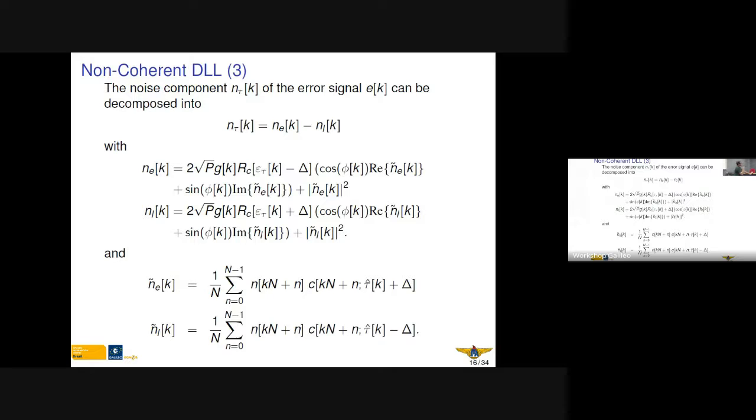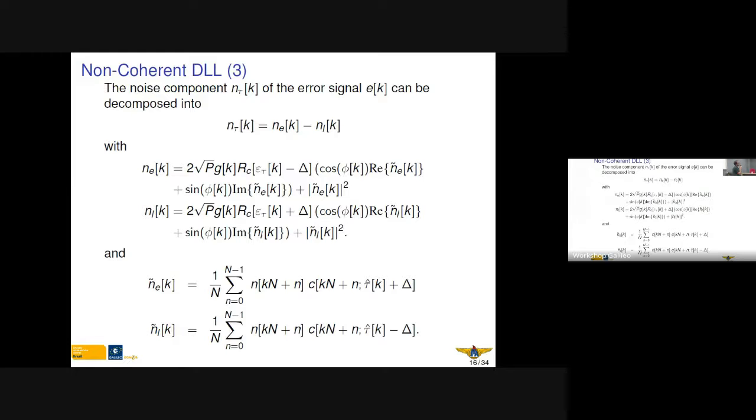Yeah, and the noise, I just show how we can formulate the noise. So the noise component n tau, so the discriminator noise of the error signal E tau, I'm sorry, can be decomposed into n tau, and this is equivalent to the noise in the early branch minus the noise in the late branch.